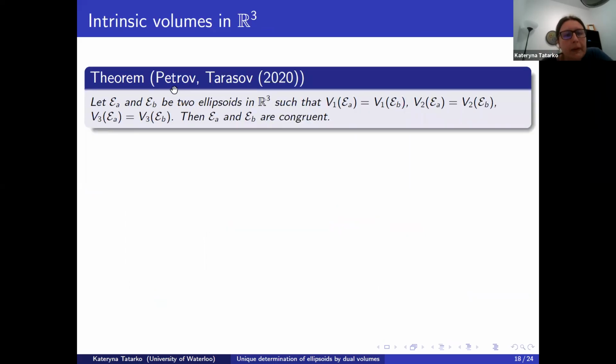As I said before, Petrov and Tarasov proved that if we have two ellipsoids such that their mean width, surface area, and volumes are the same, then these two ellipsoids should be congruent. They proved their result using differential geometry tools. But what I would like to present here is the analogous proof that follows from the dual case.